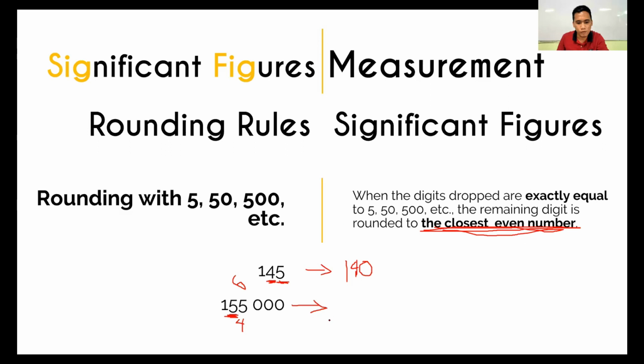So from 155,000 rounded to its nearest 10,000s, it is equal to 160,000. So that is if it is exactly 5. For an odd number, round up. For an even number, we retain the original even number.